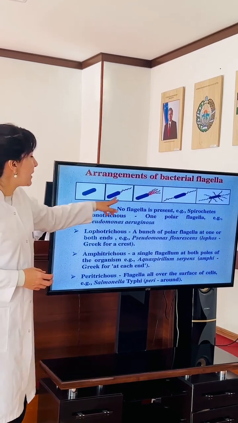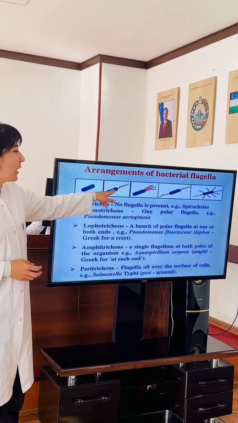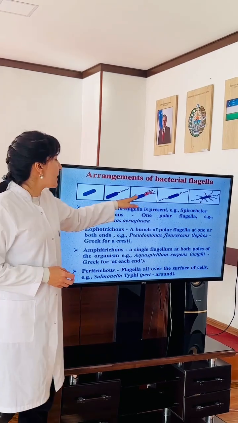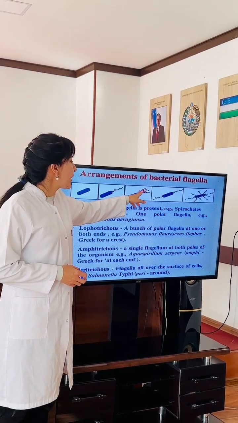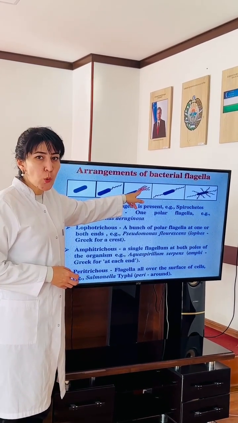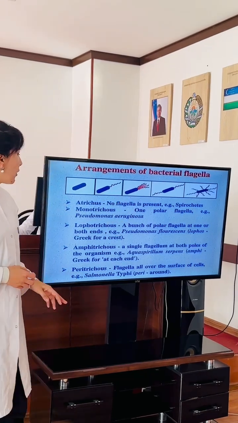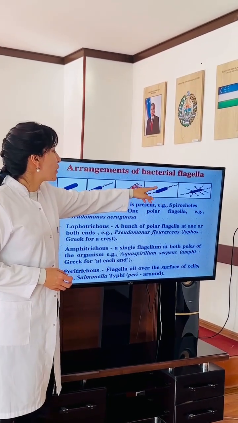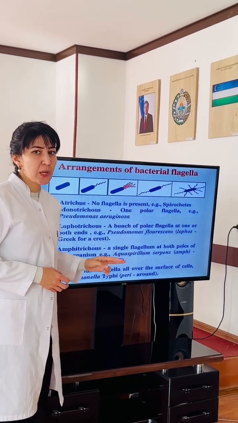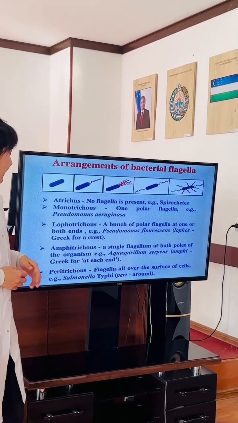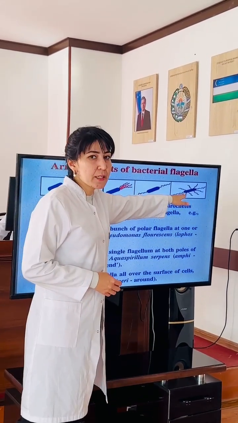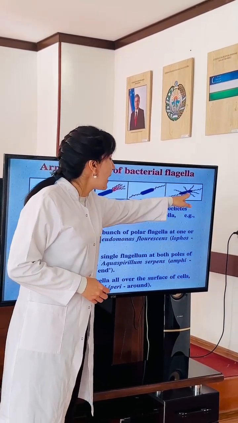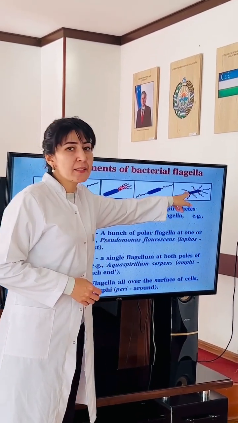For example, here we can see one flagellum, which we call monotrichous, and many flagella located on one side of the bacteria, which we call lophotrichous, and here one flagellum on two sides of the bacteria, which we call amphitrichous, and if you see flagella all around under the microscope, we call it peritrichous. Peritrichous means many flagella located around all of the bacteria.